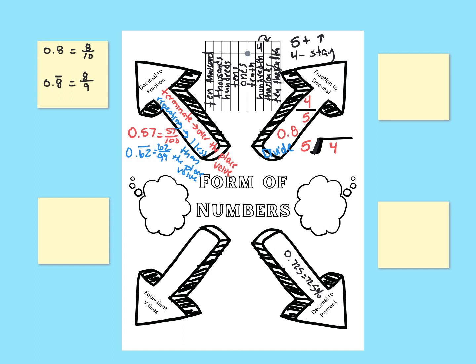The shortcut for doing this is that we are just moving that decimal 2 places to the right to make a decimal into a percent. What we're actually doing is we're multiplying by 100. And think of it as percent is out of 100, so you multiply it by 100. That's what moves the decimal 2 places to the right.